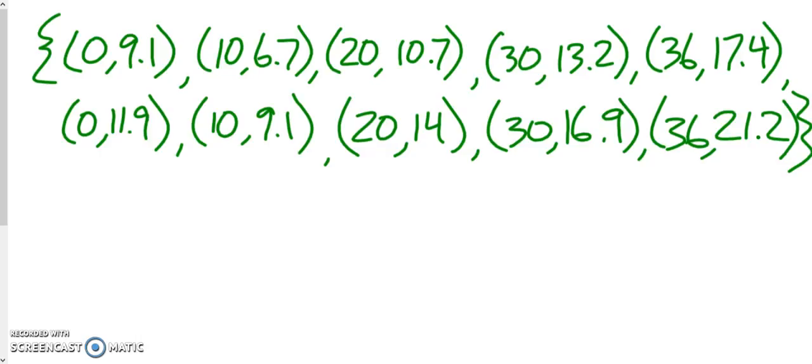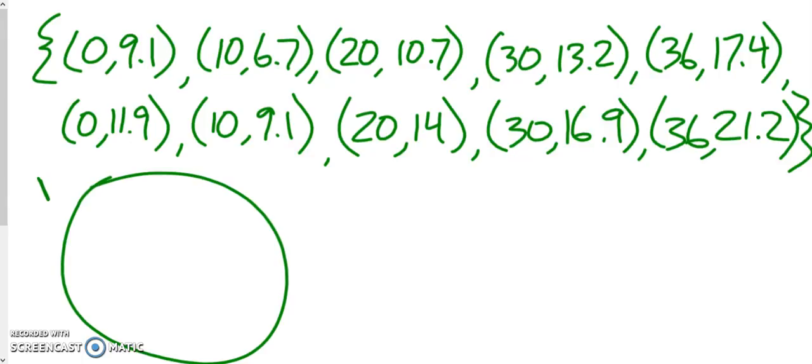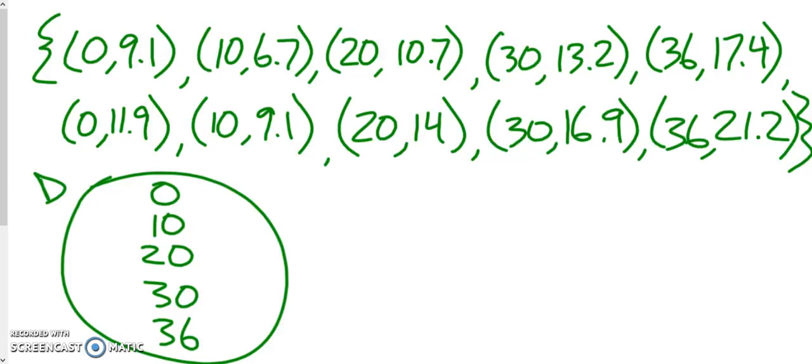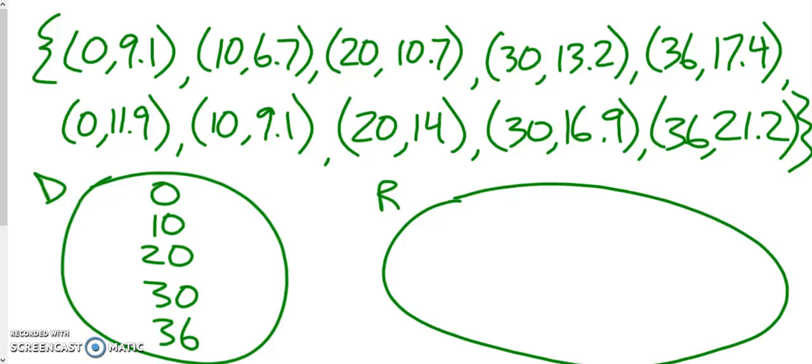So what we can do is create a visual representation illustrating the mapping of this relation. For instance, this can be the domain D. What would be in the domain? 0, 10, 20, 30. All right. That's going to have to be bigger because there are a bunch of things in the range.